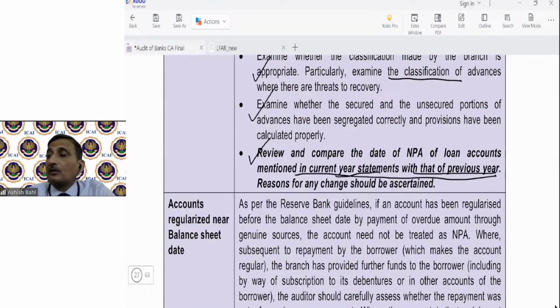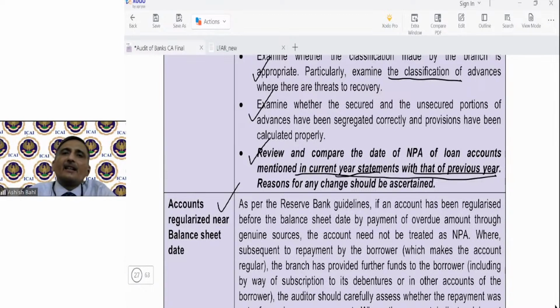And accounts regularized near the balance sheet date. Now this is very, very important, students. Say if an account was not working properly, it was under stress, and the payments were not forthcoming.